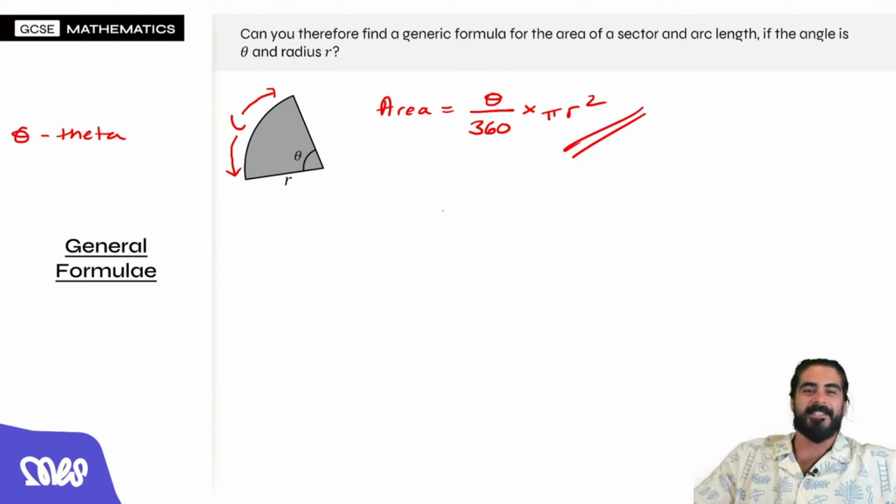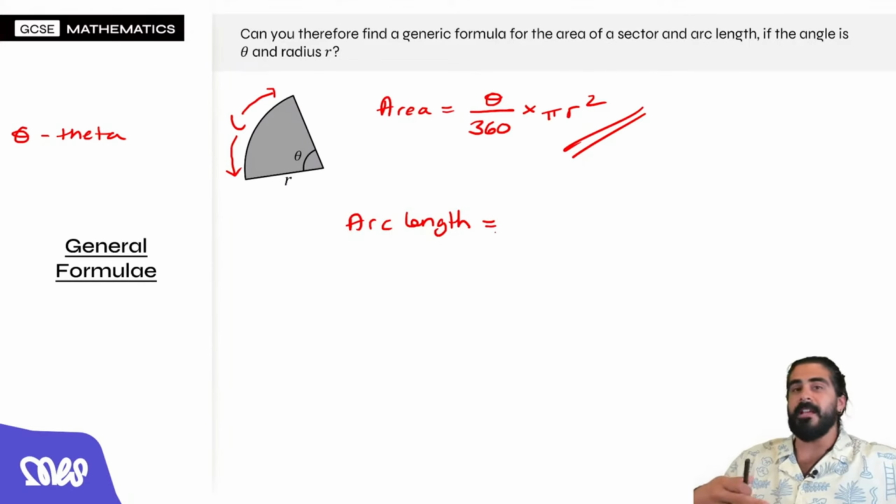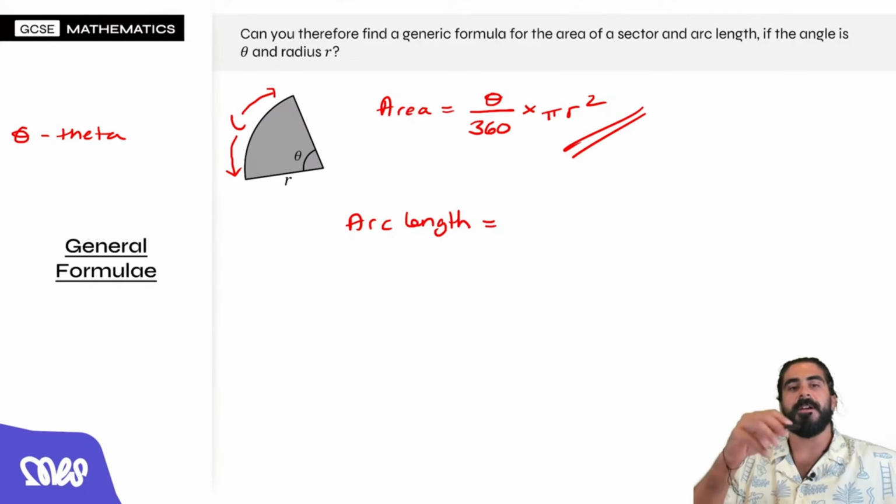All right, next thing is the arc length. Now, the same thing applies when it comes to the arc length. All we're talking about now is the circumference of the circle. So all we're doing is saying what fraction is the sector of the whole circle, and then we apply that to the circumference.